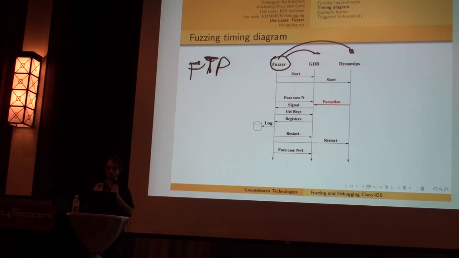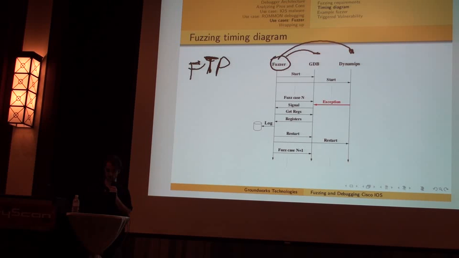Basically, you start throwing commands and test cases at it. If Dynamips detects an exception, it tells GDB, and you say what the cause of this exception was, and we keep trying every command with every input until it ends.